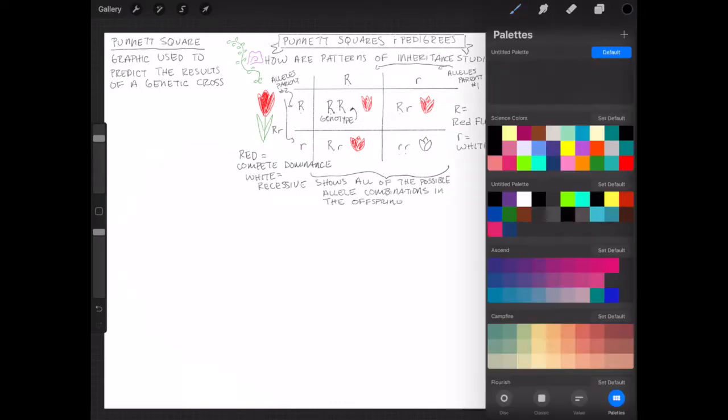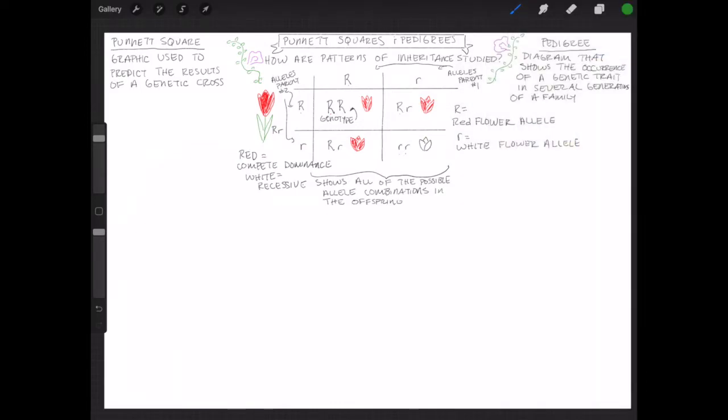All right, we're going to add just a little bit of color here. We're going to add some leaves.